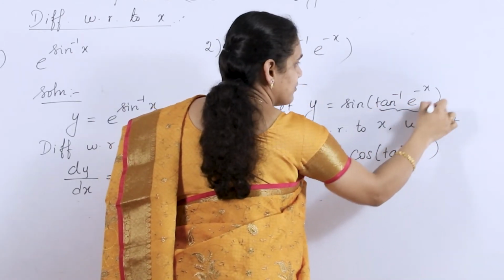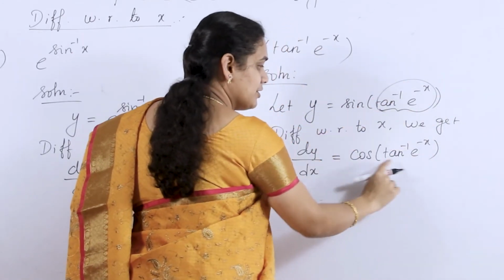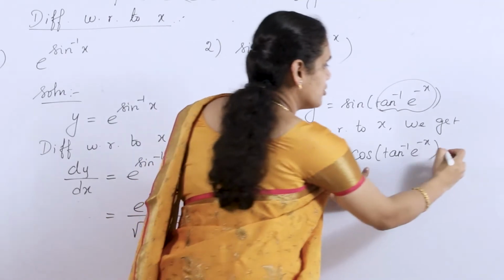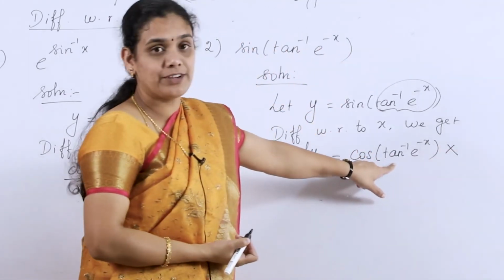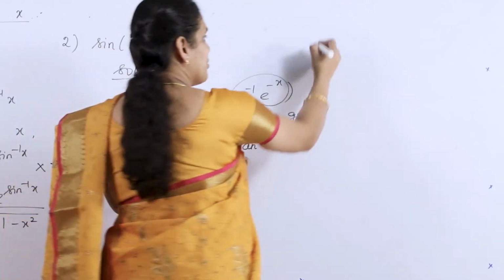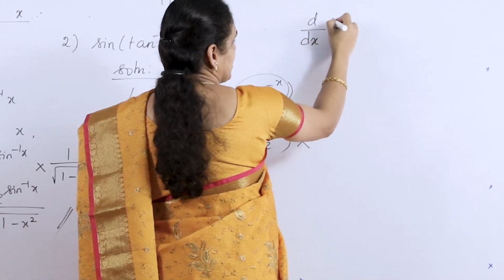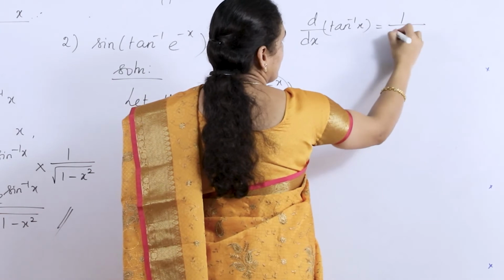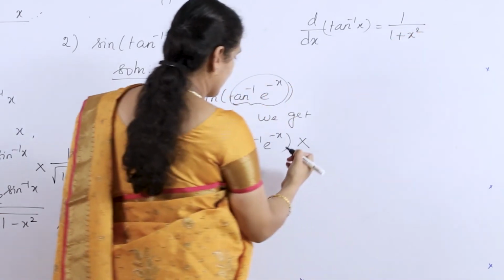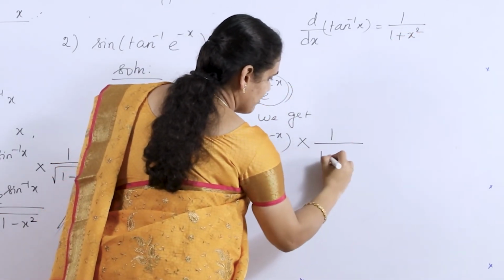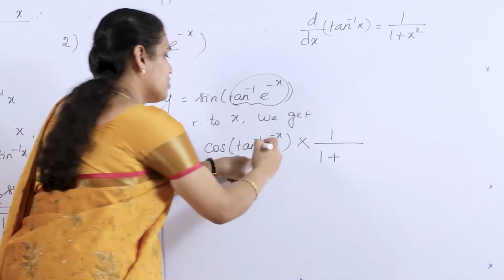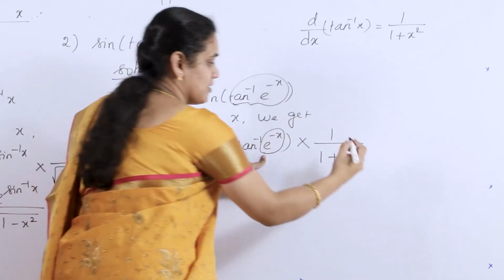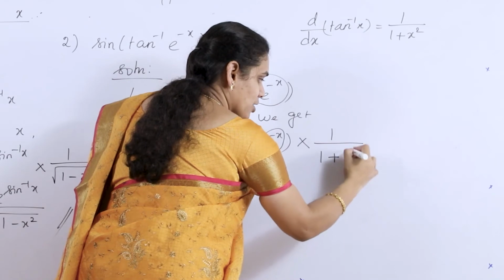In place of x we have this one, right? So sin x derivative is cos x, into, then derivative of tan inverse of x is, if you remember the derivative of inverse trigonometric functions, tan inverse of x is 1 by 1 plus x square. All right. So 1 by 1 plus x square. In place of x we have e to the power minus x. Therefore, e to the power minus x whole square.